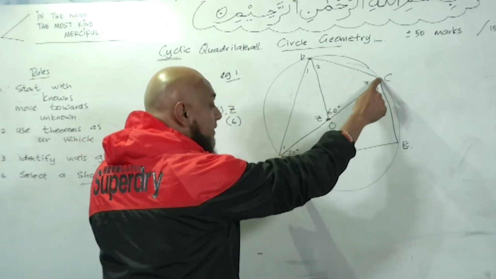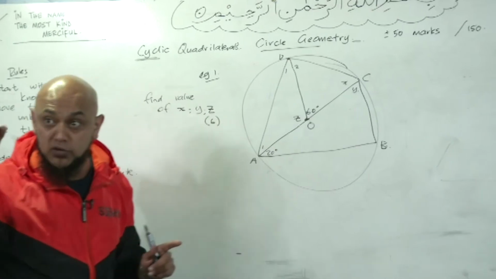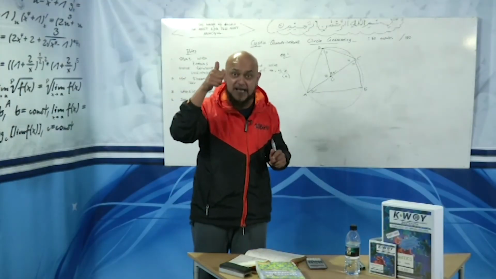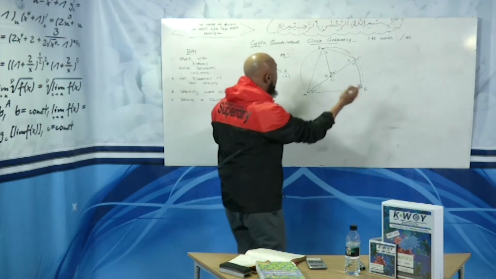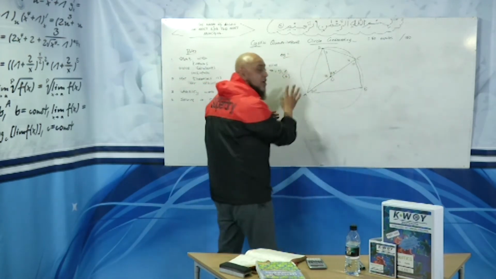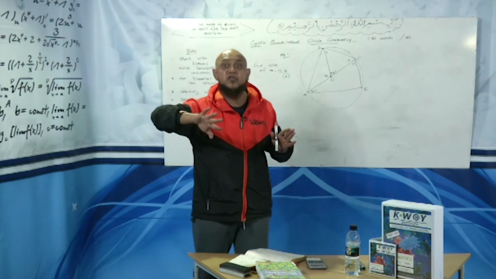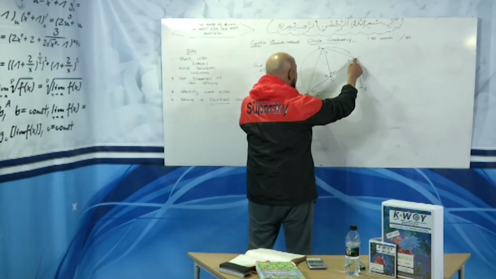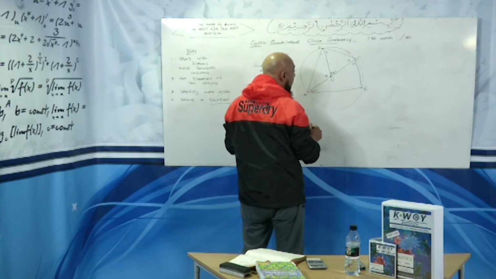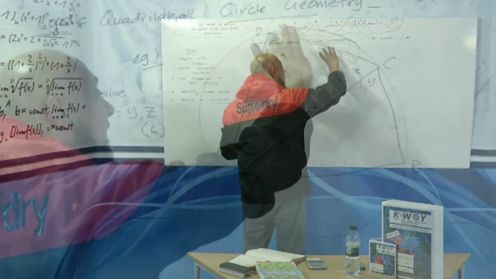We've got a diameter. So all our rules with regard to a diameter will apply to this problem. There's no tangent here. As you can see, there isn't a tangent. So all the rules with regard to our tangent will be left out. The only rule, we've got a diameter. What else do we have? We've got radii.